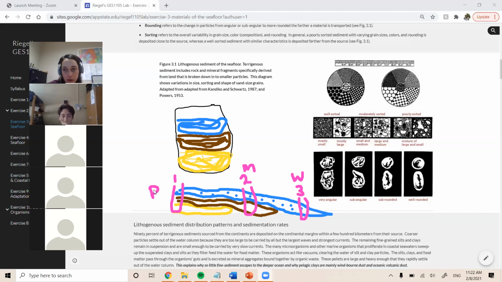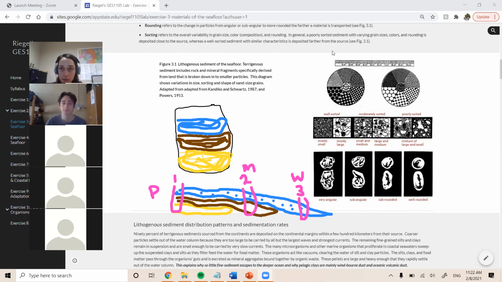What can I conclude? The opposite of this one, right? So it hasn't traveled very far at all, right? So how well something is sorted and the angularity of the grains within that sediment is going to tell you a lot about how far it's traveled. Okay?